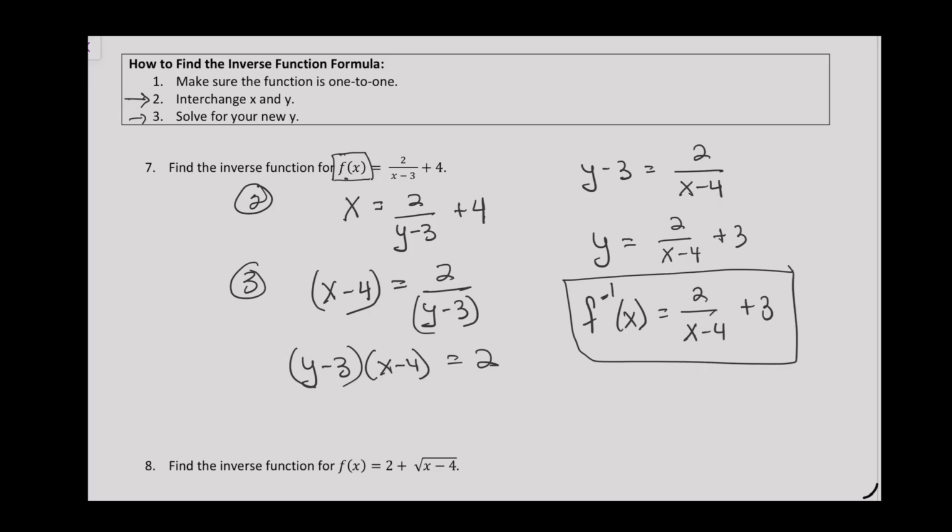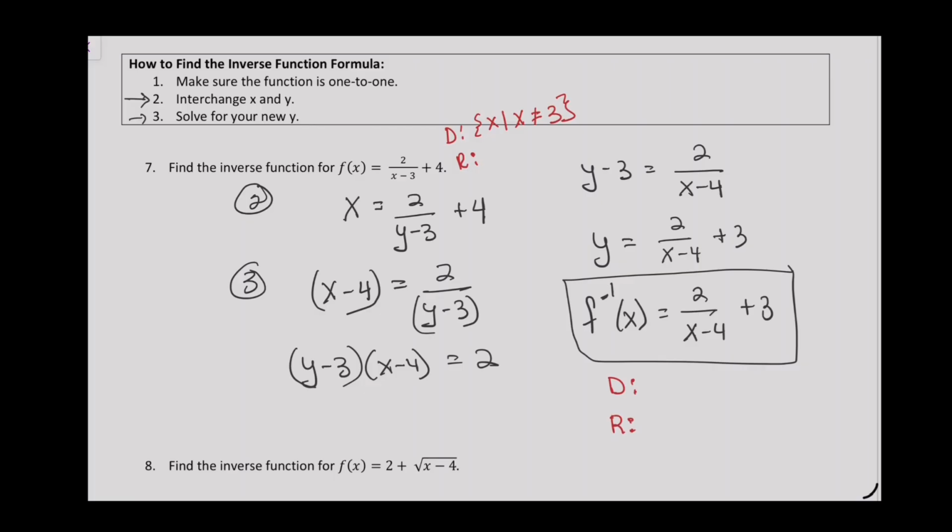Now, I know we've already visited domain and range, but a couple of notables. The domain of this original function is that x can be anything except 3, because we would have a denominator of 0, and that's bad. I'm going to skip the range for now and come to this one. We know that the domain and the range are going to flip-flop.